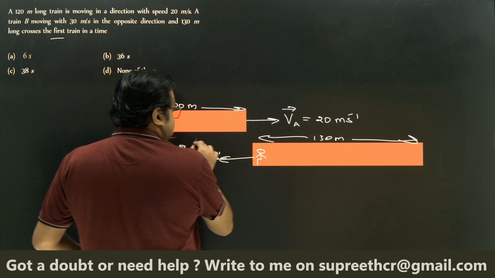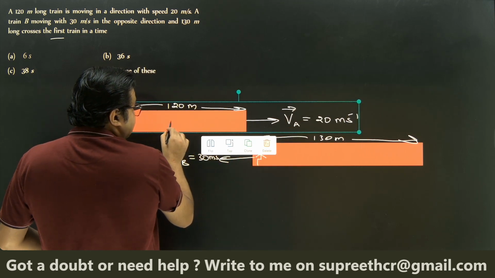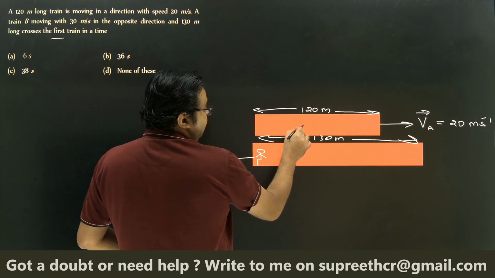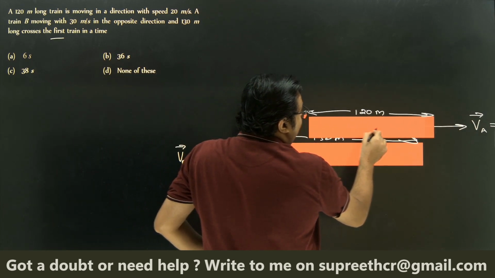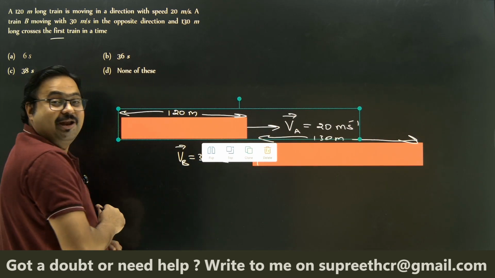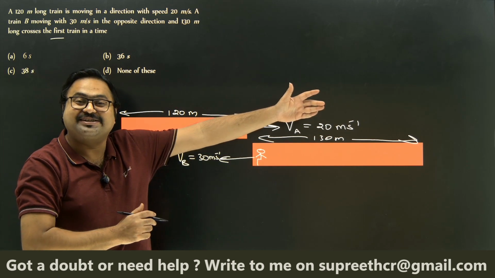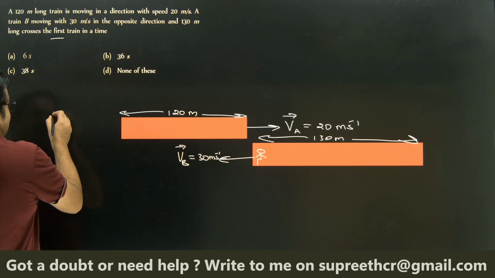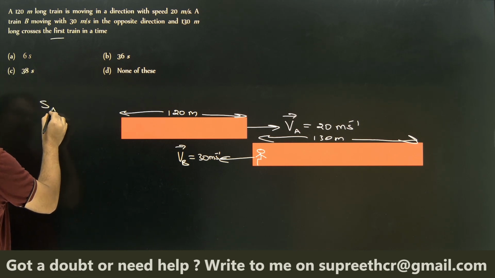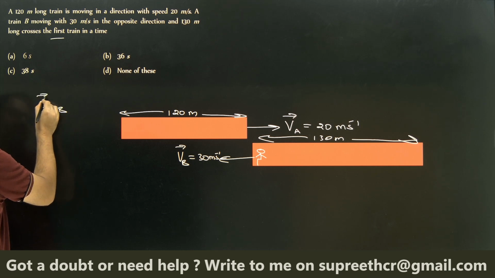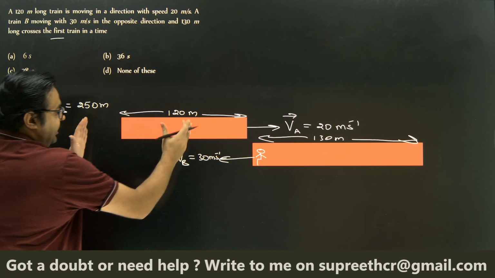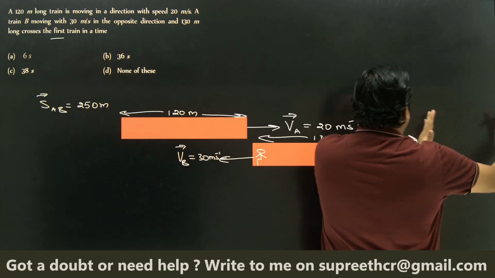If you just think about it, starting from here, right now the distance is 0. It has to cover first 120 meter. And then it has to go another 130 meter. So that's how much distance it has to go in order to cross the complete train. So the total distance, or rather the displacement of the A train as seen by the B train, is equal to 250 meter, because it's 120 plus another 130.